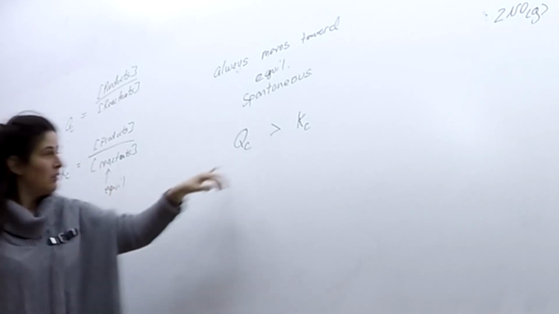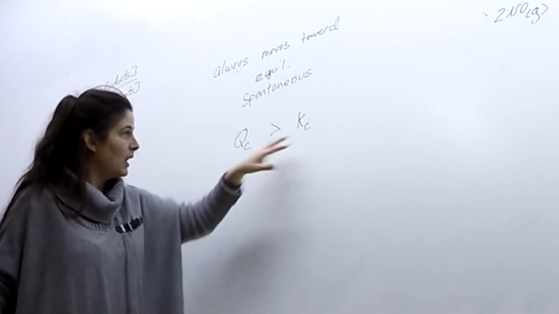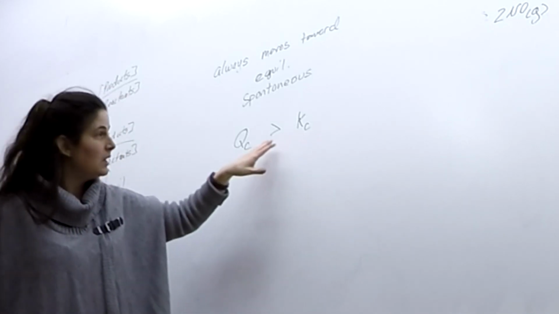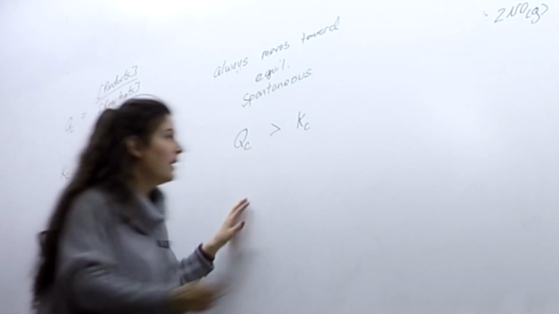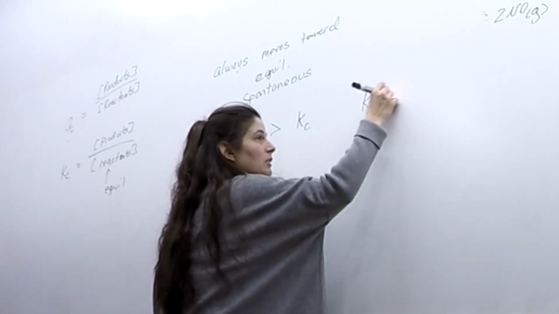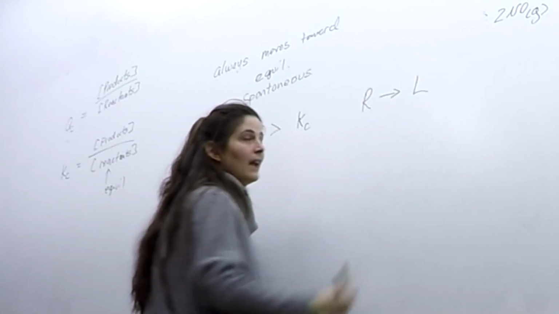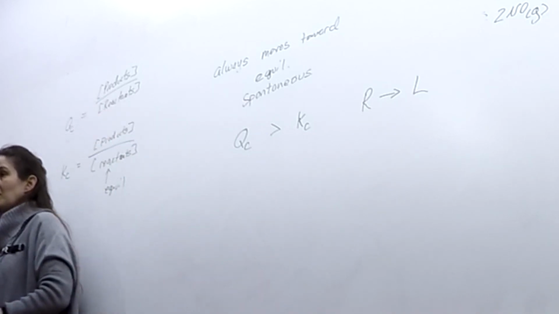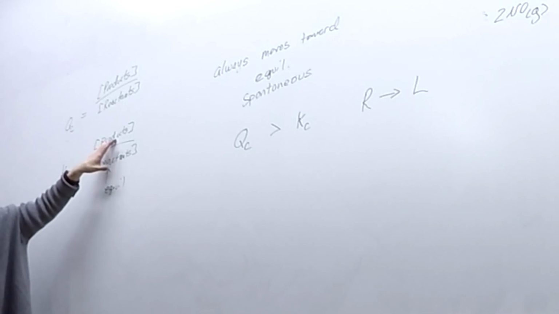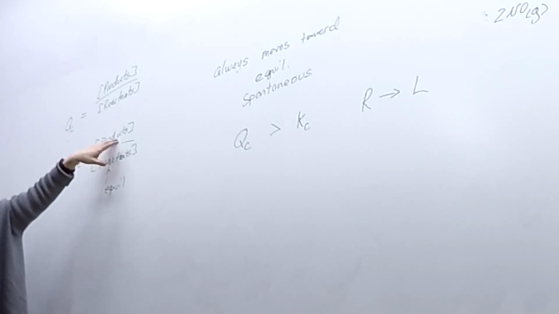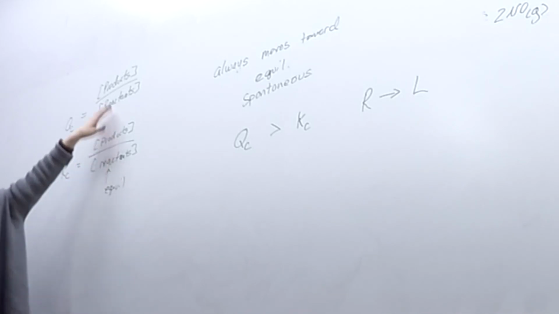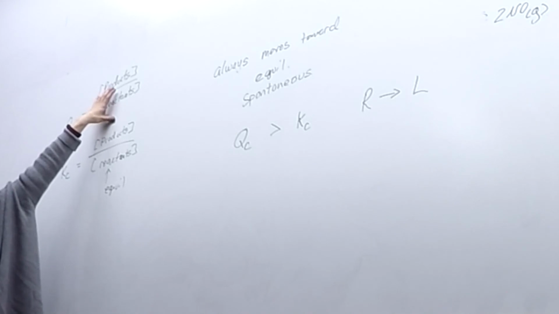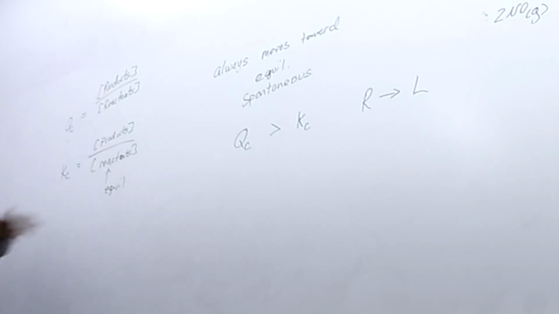So if you're looking at Qc and it's going towards Kc and it's much larger, that means that your reaction is actually running in the reverse at this point, because it's trying to lower the amount of your products, correct? Higher Qc means it's higher product concentration, so it's moving from the right towards the left to get to equilibrium.